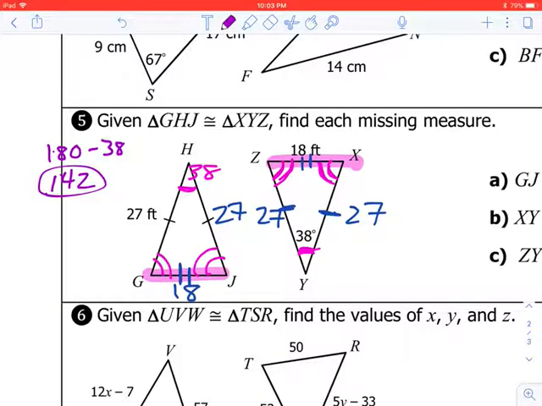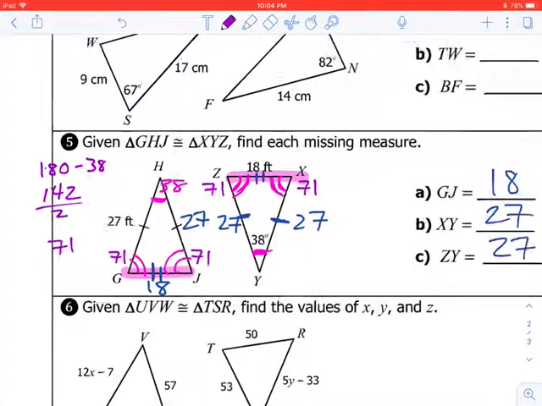And so 142 is going to take both of those angles. So I just got to divide 142 divided by 2. That's going to give me 71 each. So both of those angles, 71, 71, which makes these also 71 and 71.